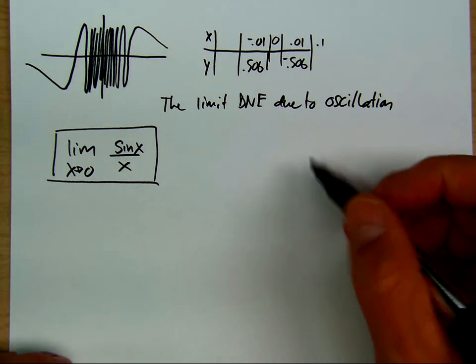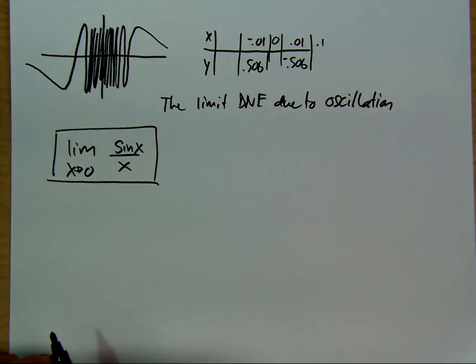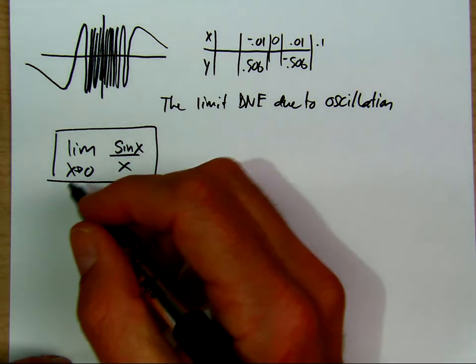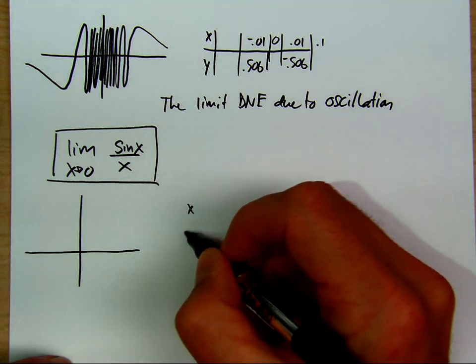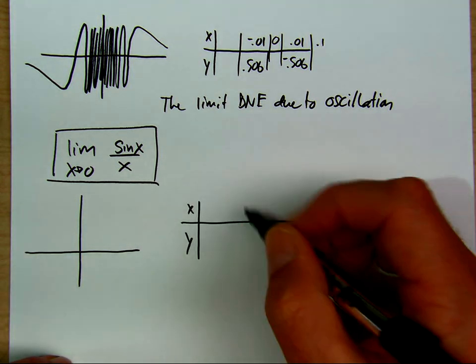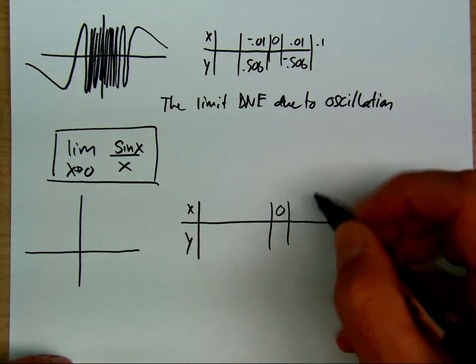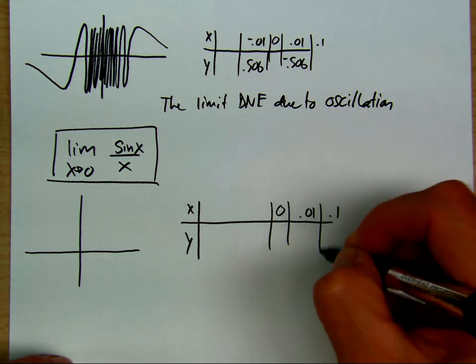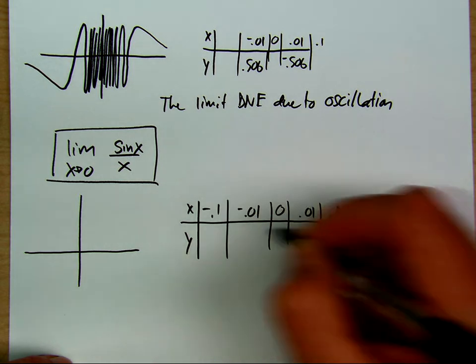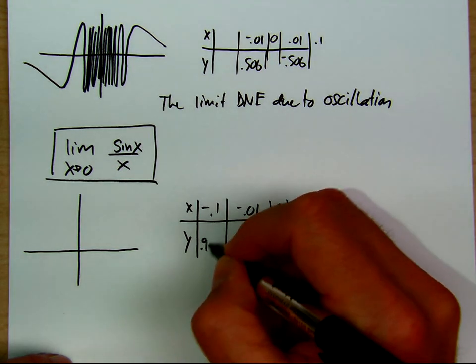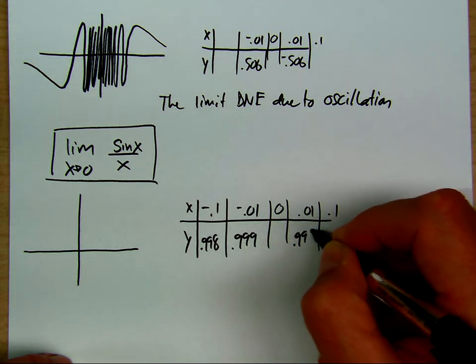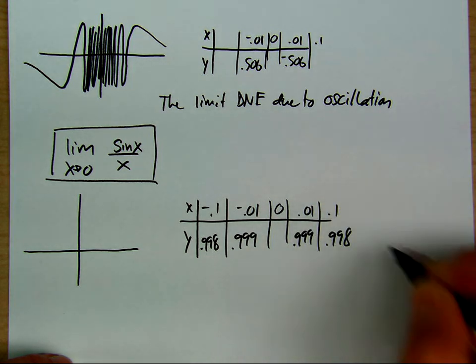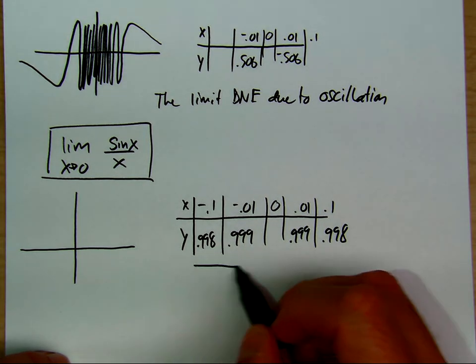All right, so try this with your calculator or Desmos. Evaluate this limit graphically and numerically. Pause the video. We can see that from the left, the y values are approaching 1.